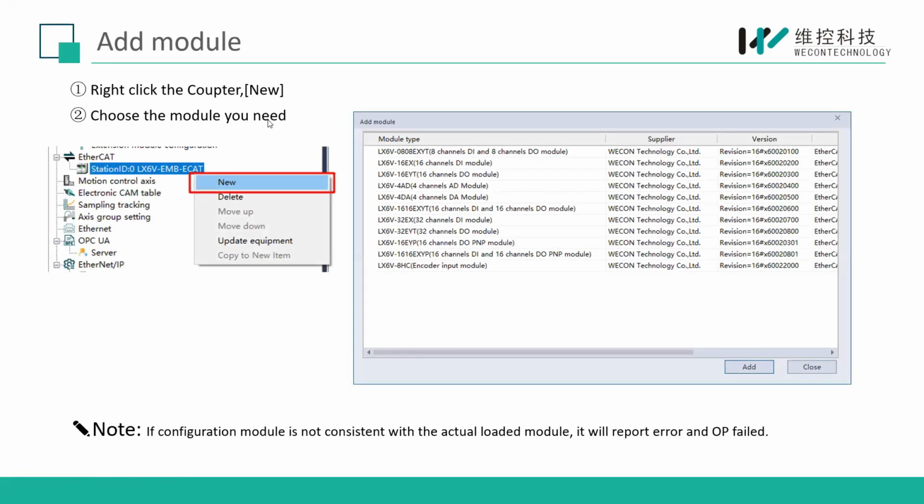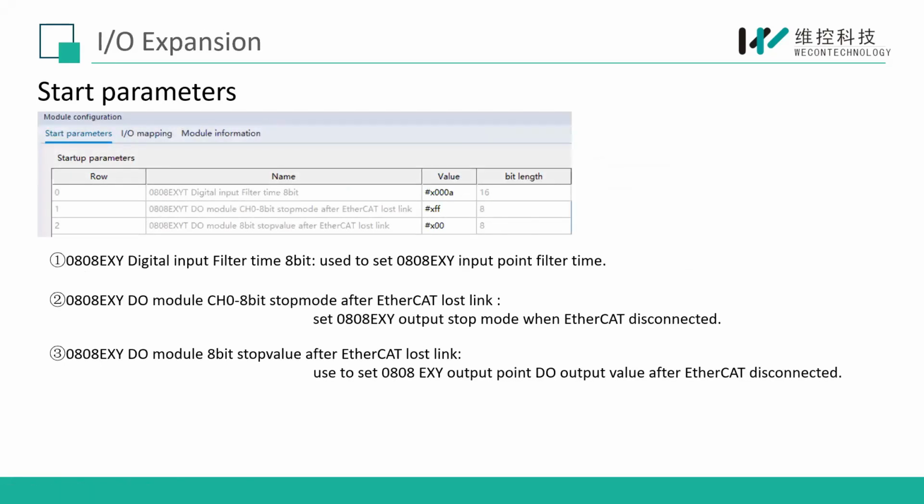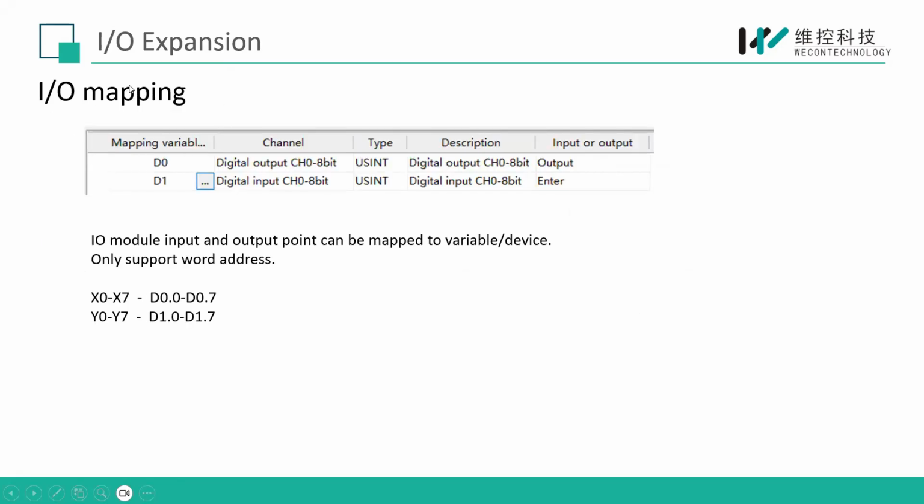But the first difference for this module is for the IO module. The IO module cannot map like the PLC.